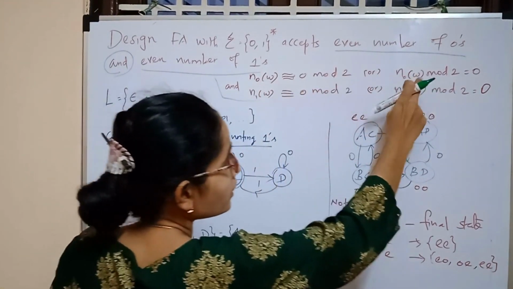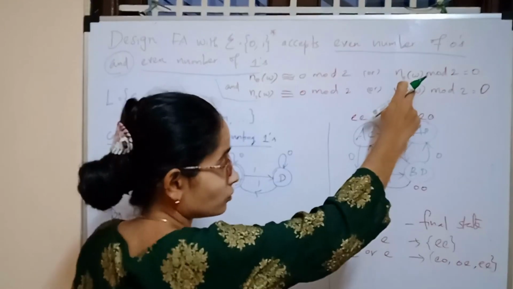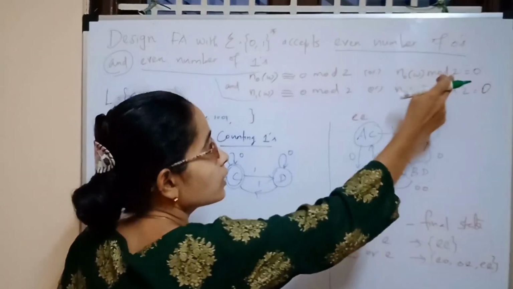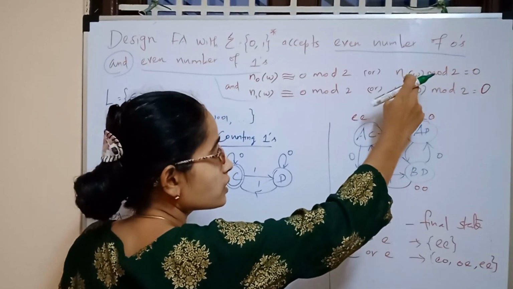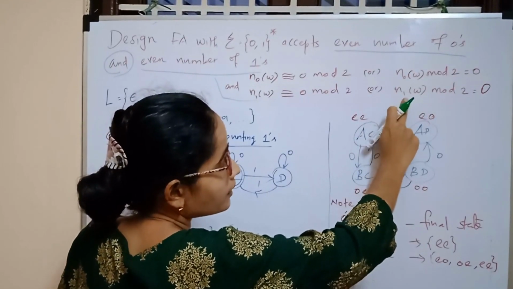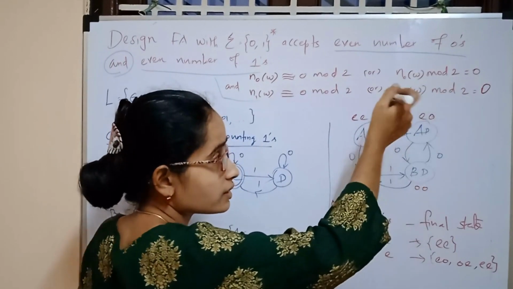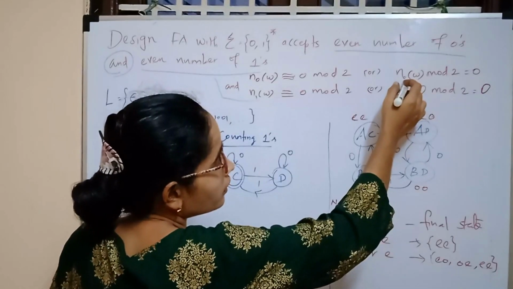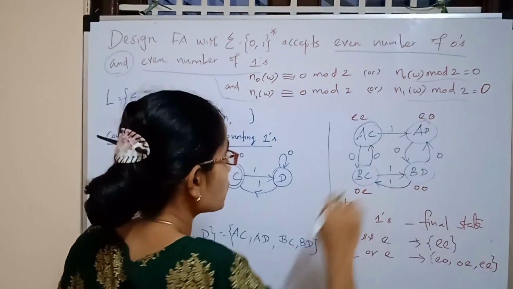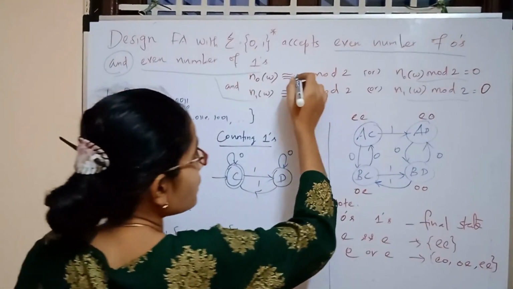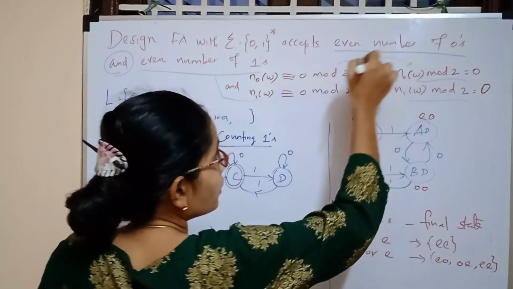Otherwise you can say the number of zeros of the string mod 2 is equal to 0, which means it is divisible by 2. Same for the number of ones mod 2, it is an even number. So even number of zeros and even number of ones, this is the meaning of these mathematical notations.